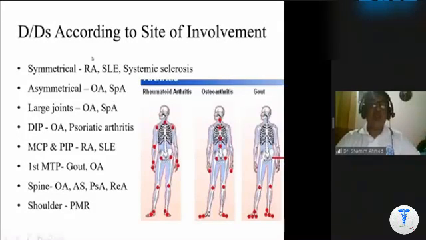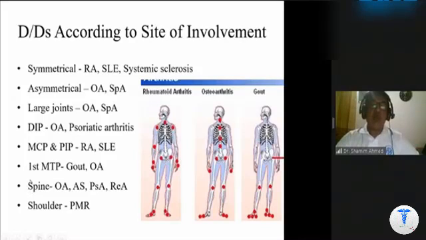When the patient presents with symmetrical arthritis, it may be rheumatoid arthritis, SLE, and systemic sclerosis. With asymmetrical arthritis, it is osteoarthritis and spondyloarthropathy. With large joint involvement, it may be osteoarthritis or spondyloarthropathy. With DIP involvement, it may be nodal osteoarthritis and psoriatic arthritis. With MCP and PIP involvement, it is rheumatoid arthritis and SLE. First MTP involvement is the typical presentation of gout.